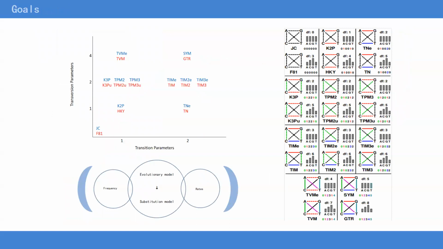Now let's take a closer look at the 22 substitution models available on IQTree. As can be seen from the right picture, the parameters of the substitution model are divided into 2 parts.